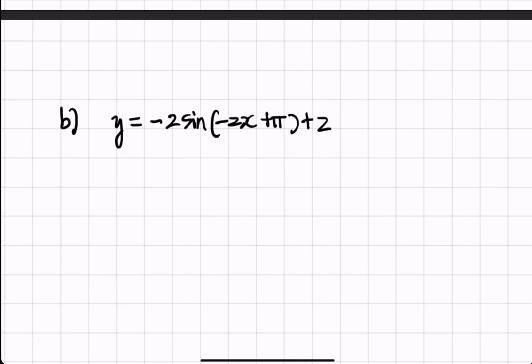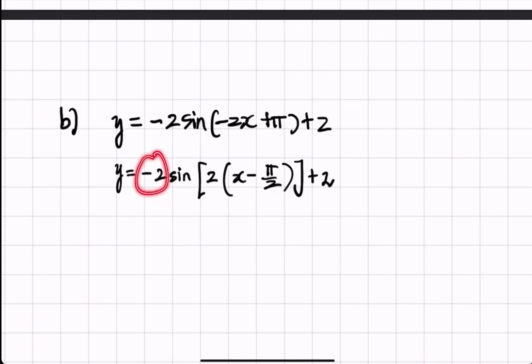Okay, so, ano na natin to? Gawin na natin. So, fa-factor nyo yung x doon sa angle. So, negative 2 sine, negative 2, you get x minus pi over 2. So, you have that. So, nasulat na natin siya sa ating desired form.